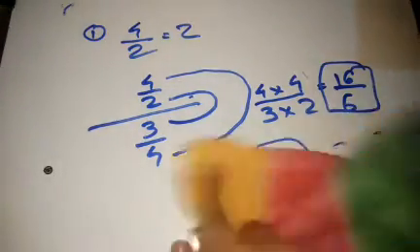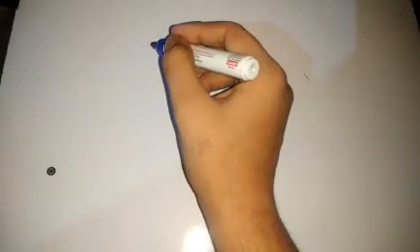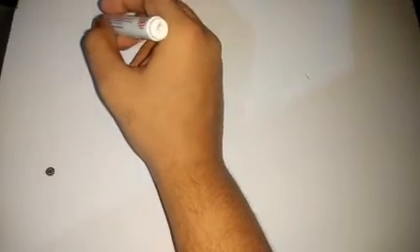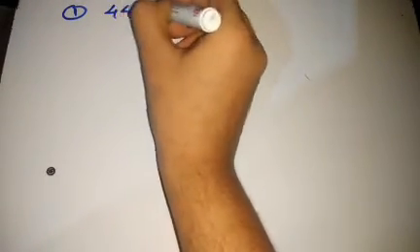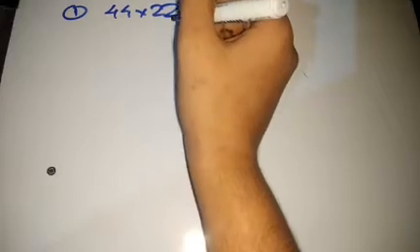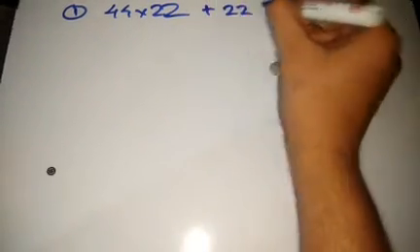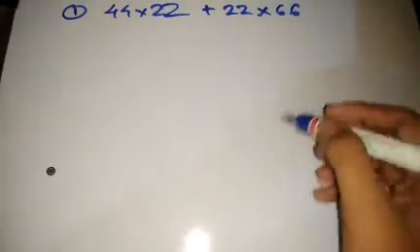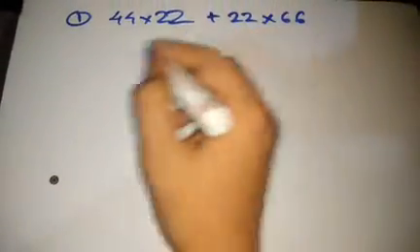Okay, then let me think of another trick I could suggest to you to calculate things. One another trick in maths is, if we multiply some complex numbers, like 44 into 22 plus 22 into 66, then there is a trick to multiply this type of number.